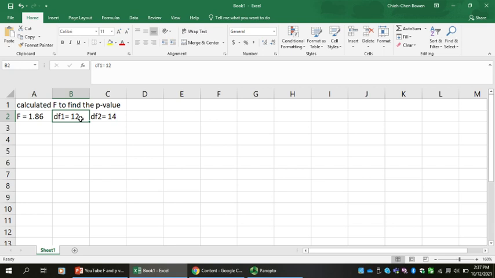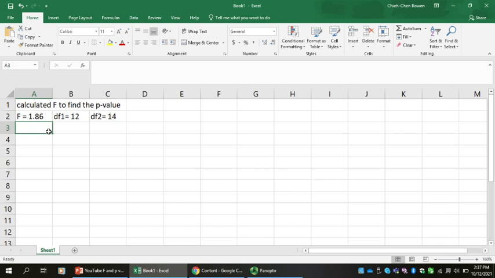The degree of freedom associated with group 1 is 12, and the degree of freedom associated with group 2 is 14. Those are just the numbers we came up with. So our job is, here is a calculated F, and you need to find the p-value for this F. We need to know whether this F-test is significant or not, because the decision rule based on the p-value is very simple.